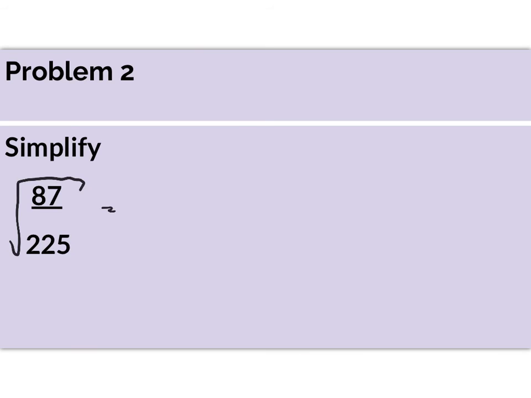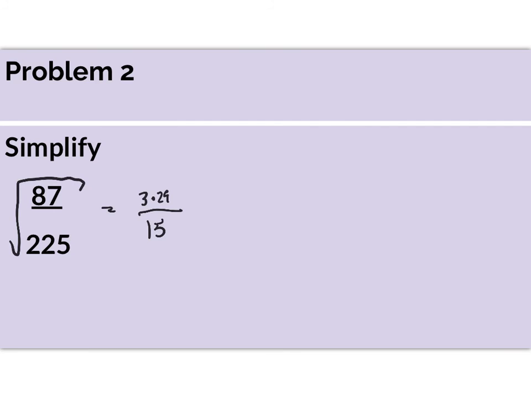I know the square root of 225 is 15, so that's taken care of. 87 does not divide by 2, but it divides by 3: 3 times 29. 29 is prime, it has no factors, and 3 has no factors.